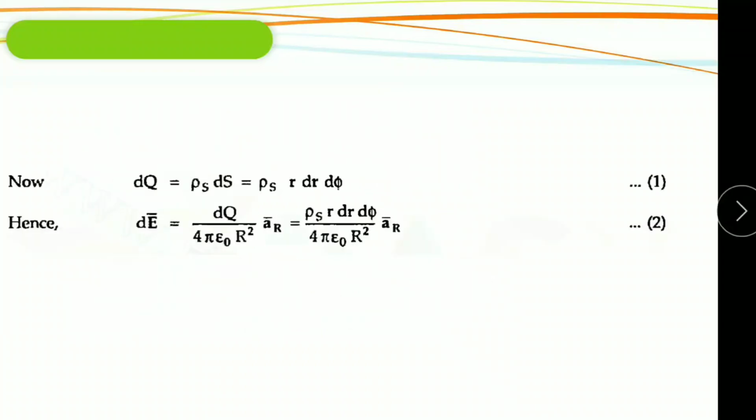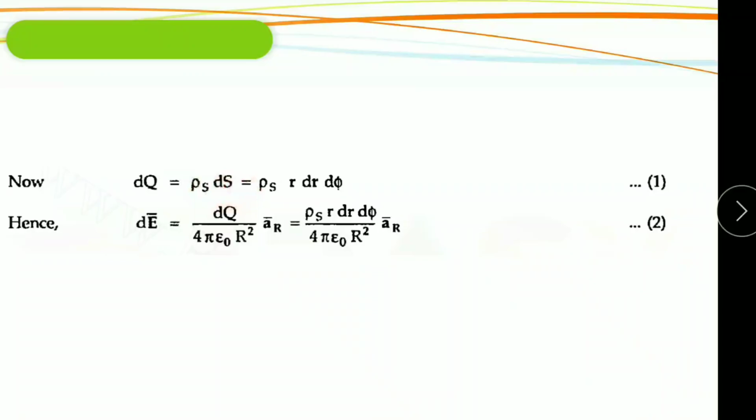Now the charge, according to the surface charge distribution formula, on the differential surface is indicated by dq. The formula for surface charge distribution is dq equal to rho s ds. Here rho s is the surface charge density, and we have already discussed the surface area in this case, that is equal to r dr d phi.